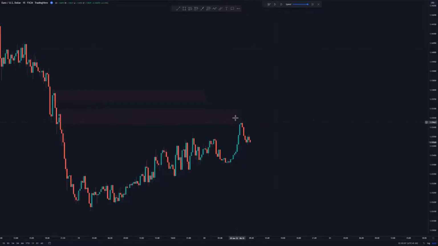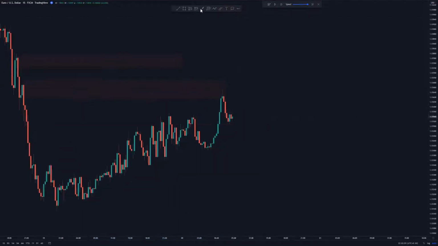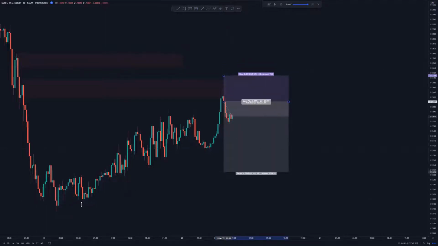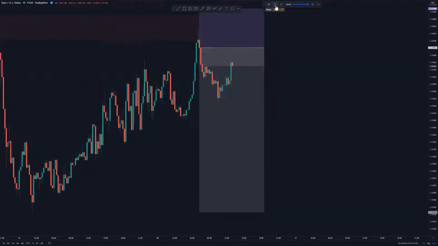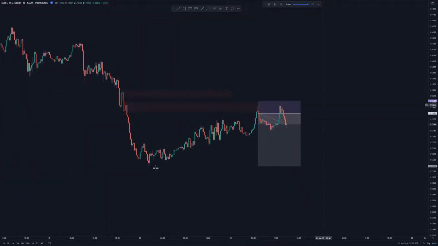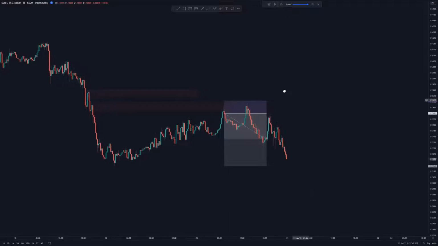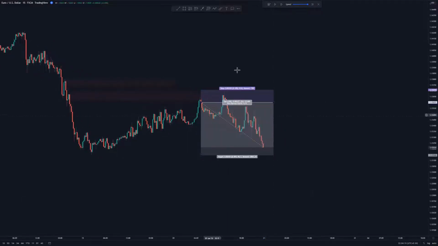Price did tap that. If you took a trade right here, keeping stops just above this and targeting this low, because we are expecting price to tap this low in the downtrend. Yes, we did tap.